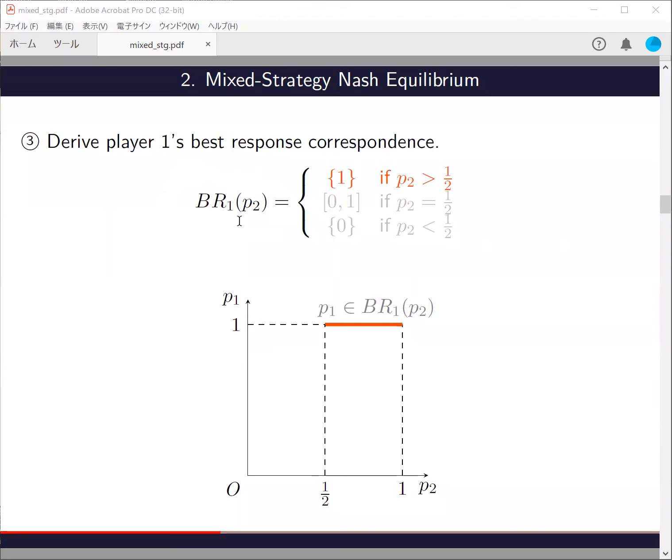The best response of player 1 is shown on the graph where we take P1 on the vertical axis and P2 on the horizontal axis. The graph here shows that the best response correspondence of player 1 is 1 as long as player 2 chooses H with a probability greater than 1/2.